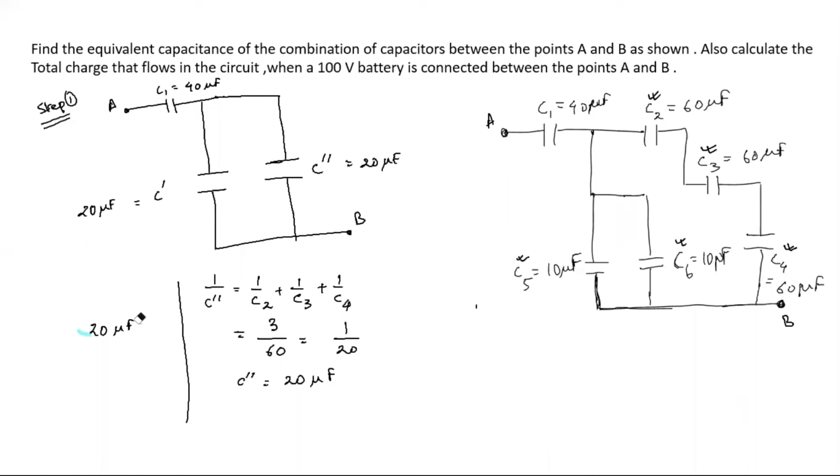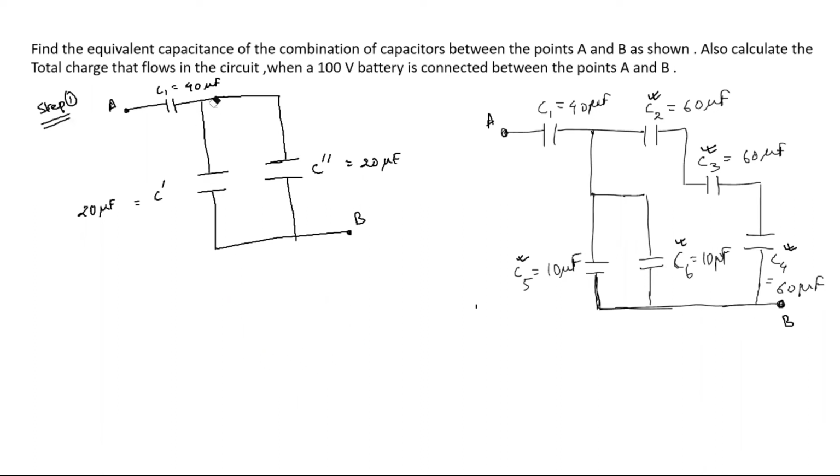Now again C' and C'' are connected in parallel. Different currents are flowing through these two capacitors. So we can again redraw this circuit diagram. It is going to be something like point A, and here you have C1, which is 40 microfarad.